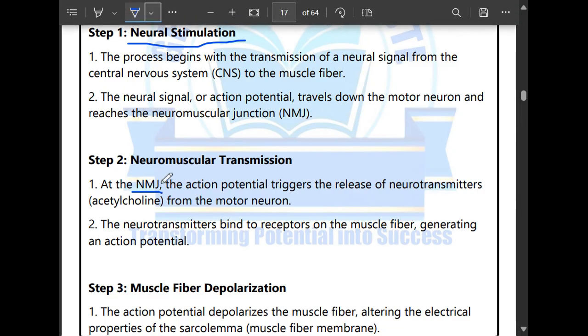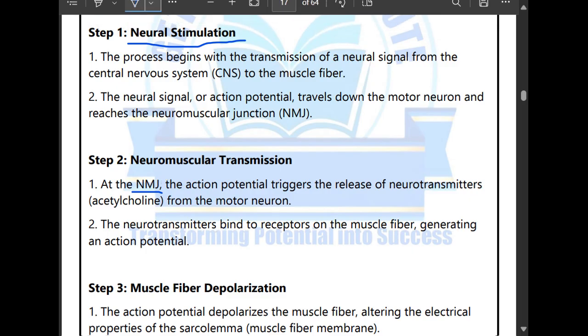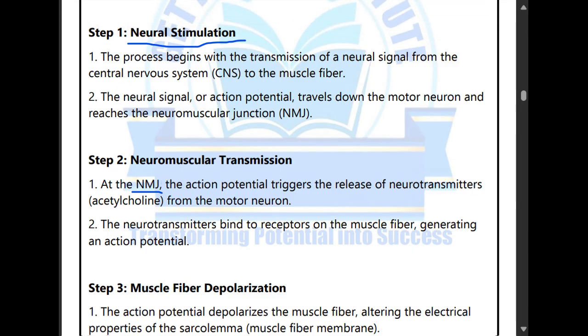When we are talking about the neuromuscular junction, as far as muscle physiology is concerned, you need to know that the alpha motor neuron is the one that supplies the muscle fibers. When the action potential reaches the axon, sodium gated channels open and depolarization begins.